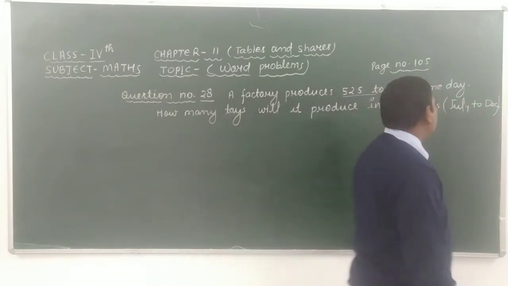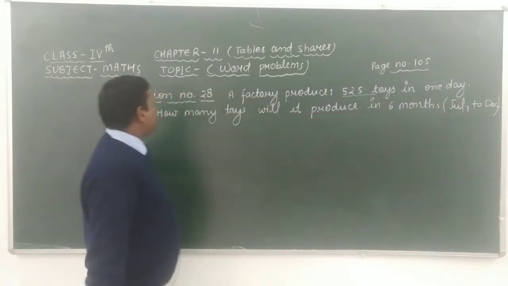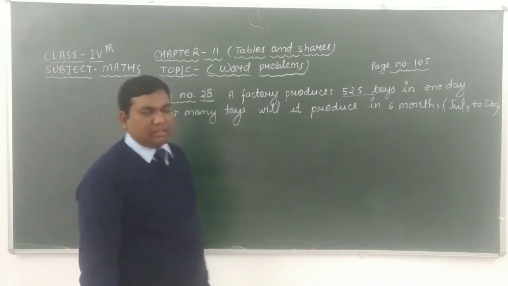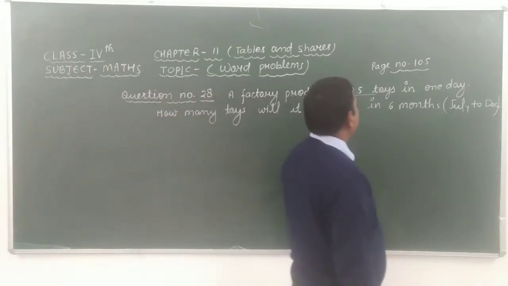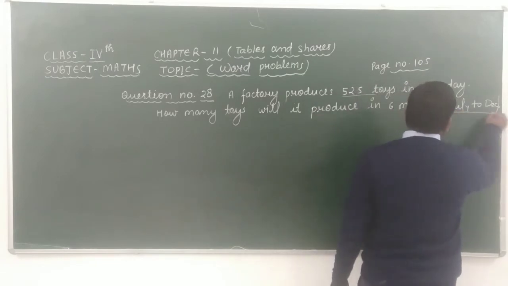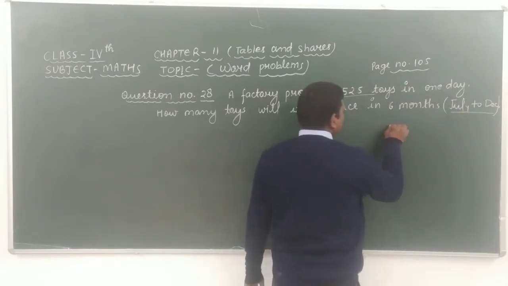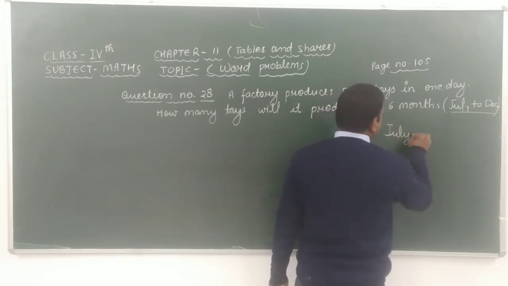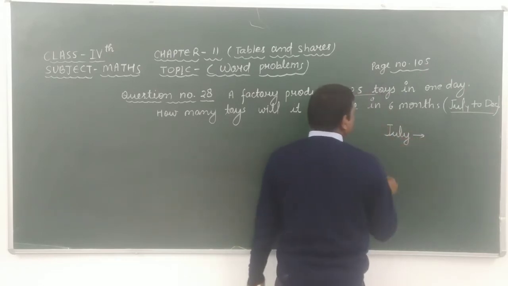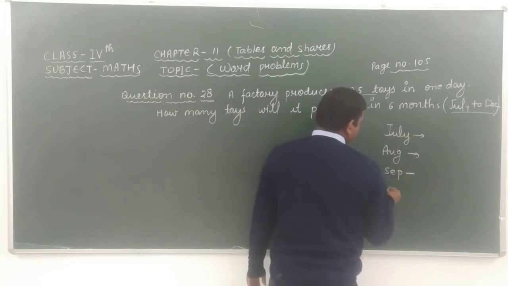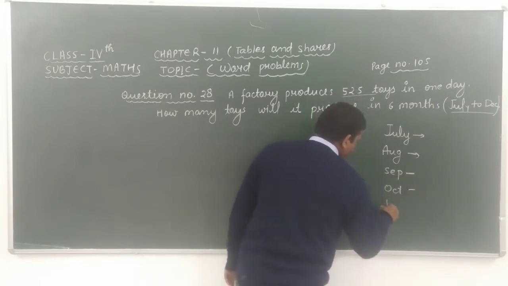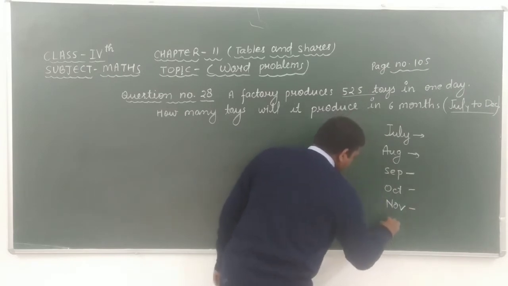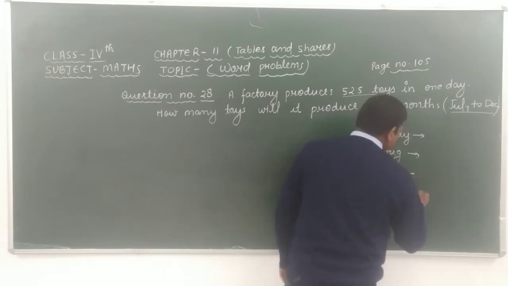Here the months are July to December, so we can write July, August, September, October, November and December.